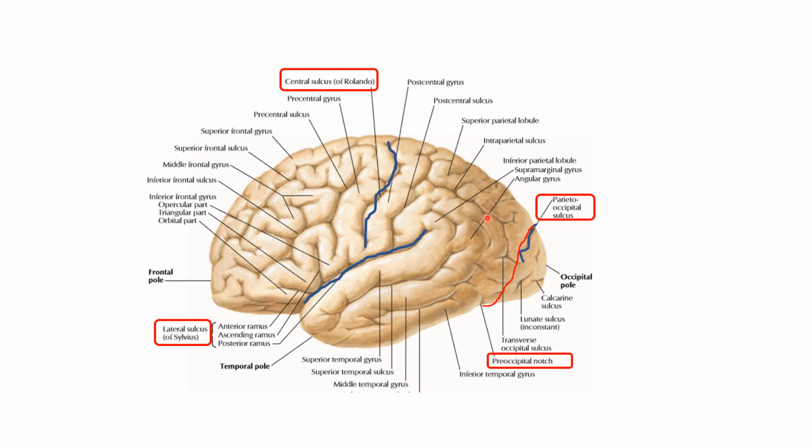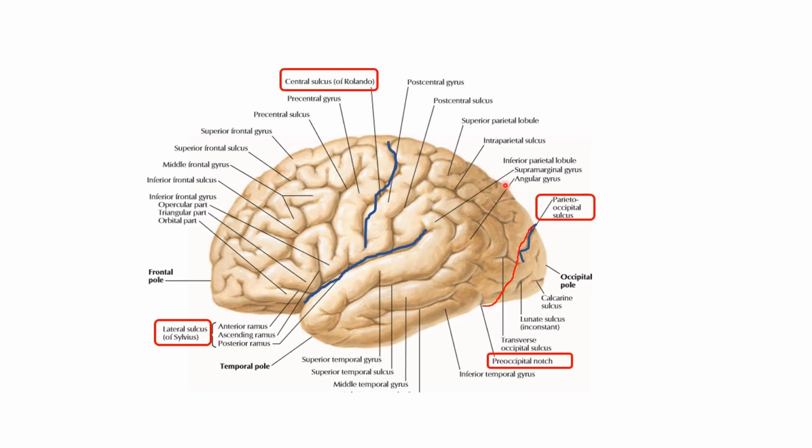After that, we move on to the parietal lobe. In this is the postcentral gyrus. Just behind the postcentral gyrus there is the postcentral sulcus, and then we have an intraparietal sulcus which divides this parietal lobe into two lobules.